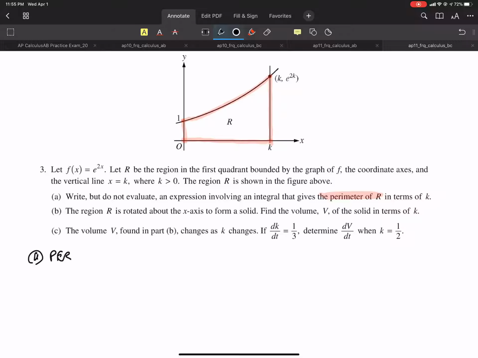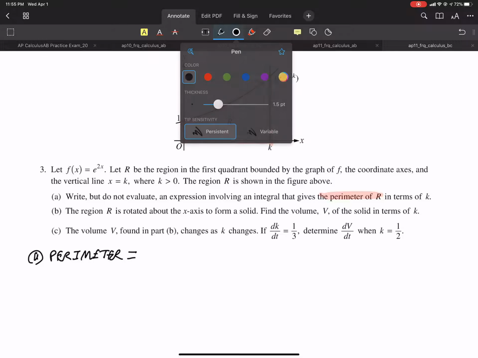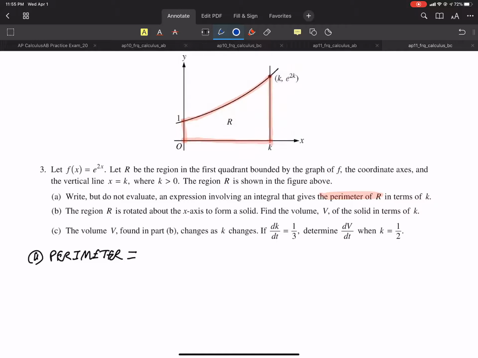So the perimeter, okay, let's do this by color. The distance down here, that's just k. And then that distance there, that's just 1.